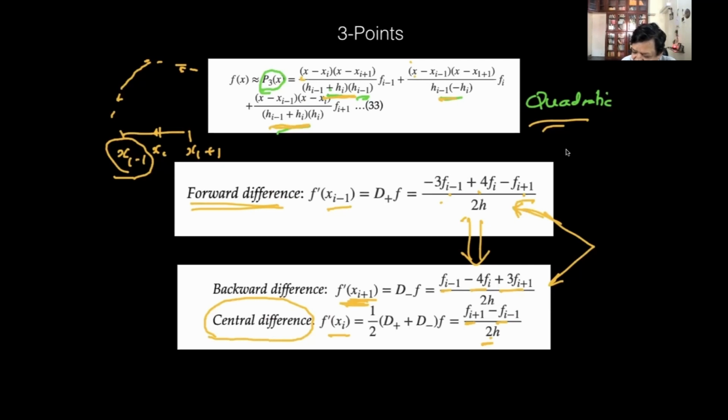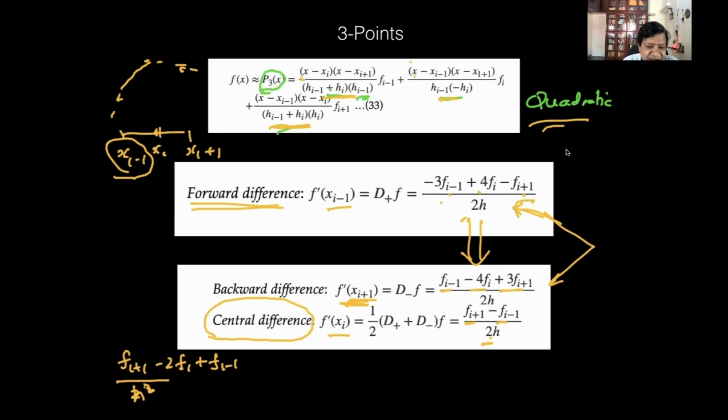And this again is 2h squared. So I should have written the formula. You can see that the 2 will cancel here, 2 will cancel, but the sign will remain the same. So it is f_{i+1} minus 2f_i plus f_{i-1} divided by h squared. So that's the formula. I hope you can see that f_{i+1} minus 2f_i plus f_{i-1}.